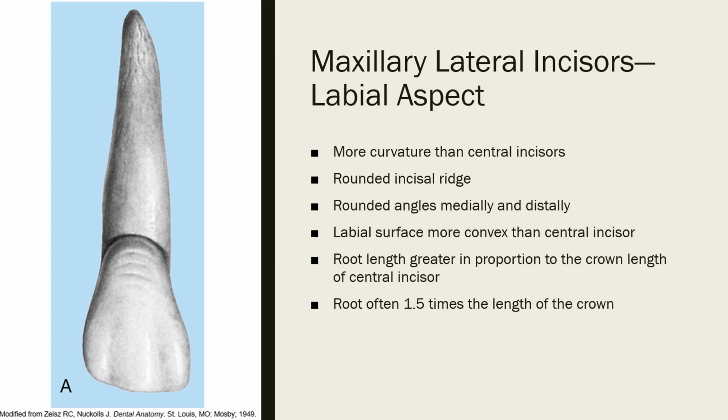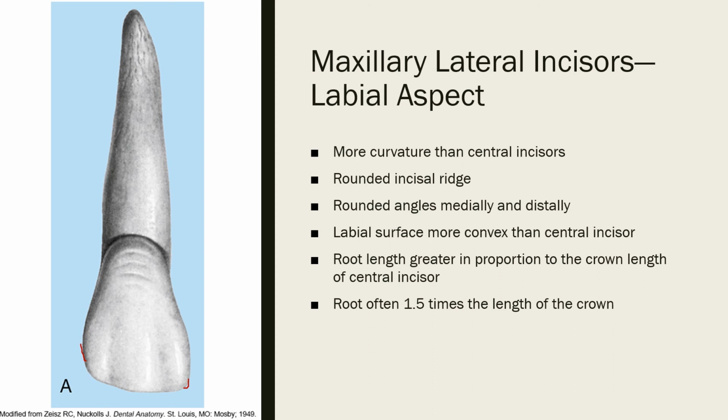So again, there's more curvature than the central incisors. It's got a rounded incisal ridge. Rounded angles, both mesially and distally. I just showed you that on the previous slide. These are more rounded than they are on the central incisor.